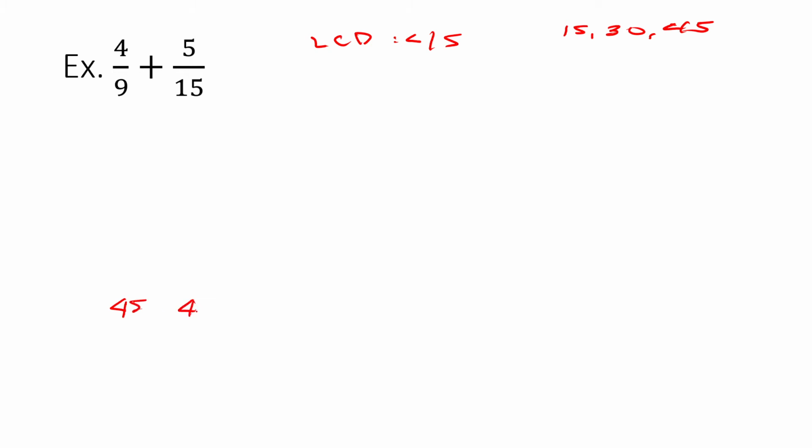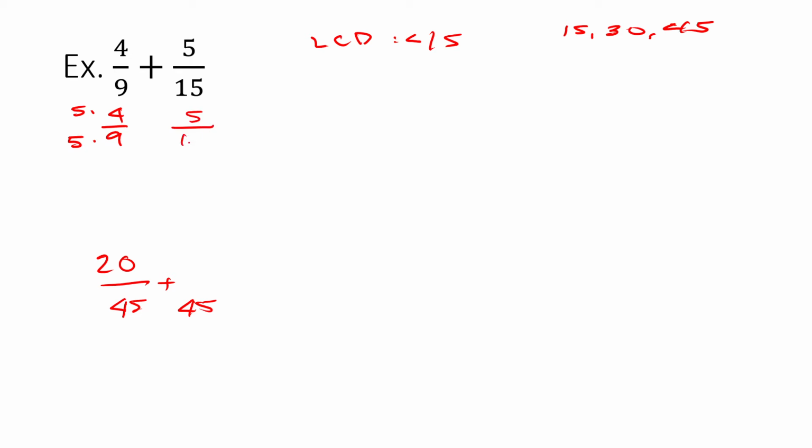Let's start with 4 over 9. The number we need to multiply to 9 to make it 45 is 5. So we also need to multiply 4 with 5. 5 times 4 is 20. And 5 times 9 is 45. Now let's move on to 5 over 15.